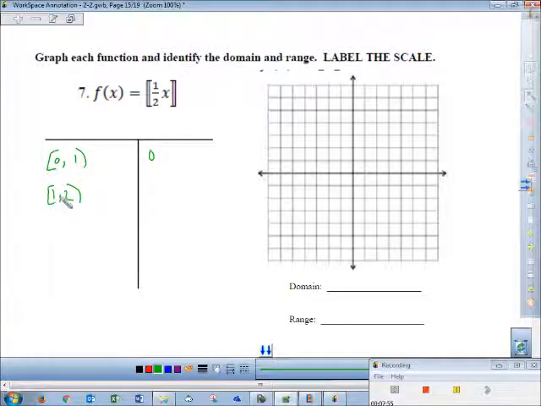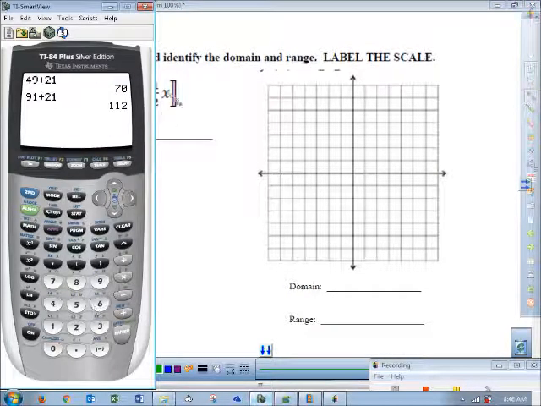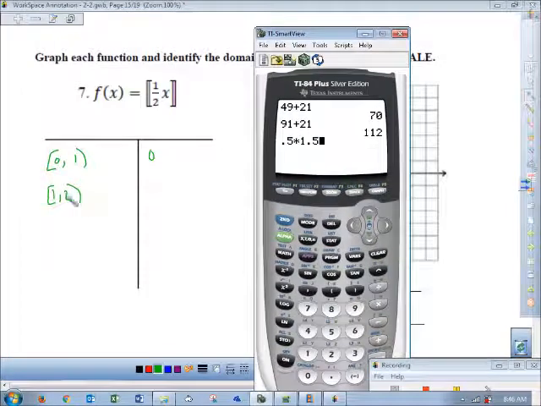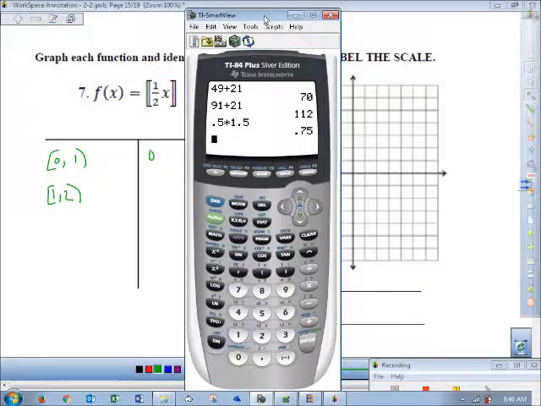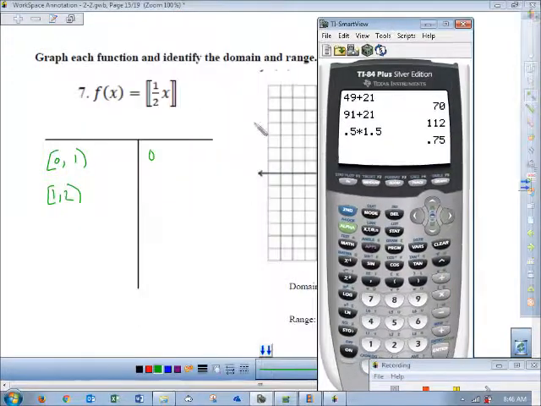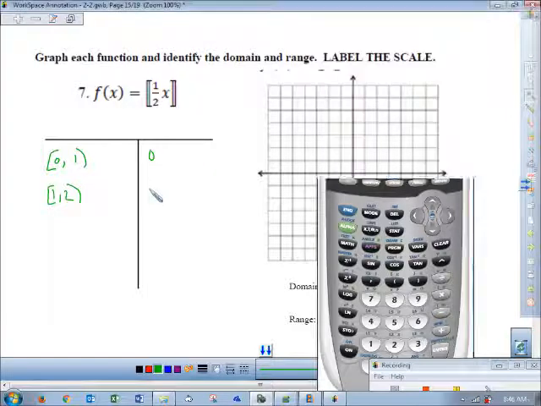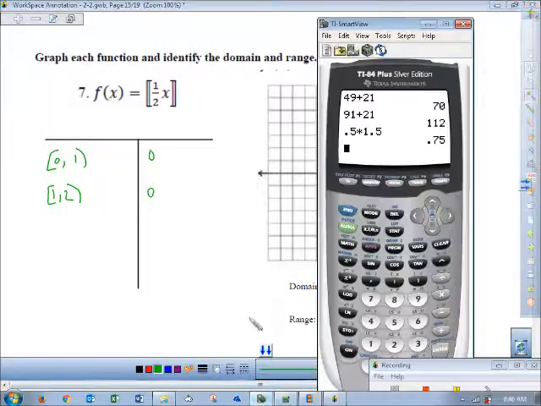What if I picked 1.5 and I put it in there? Because it's got to get multiplied by a half, I put 1.5 in there for my x value, a number between 1 and 2, and I multiply them together. What do I get? I get 0.75. After you round it down, 0.75 rounds down to 0. And if I did 1.9, isn't 1.9 in this range?